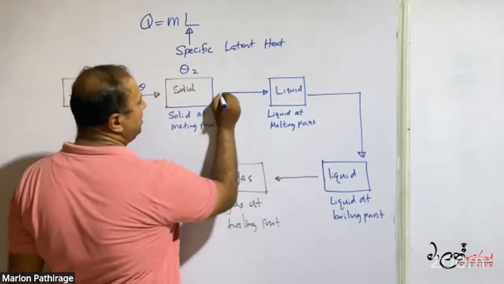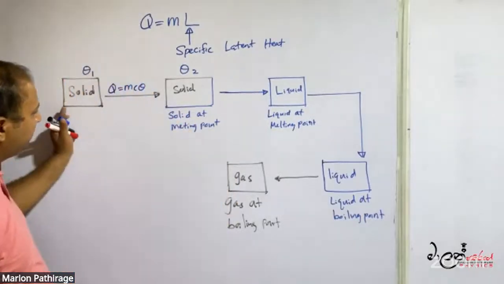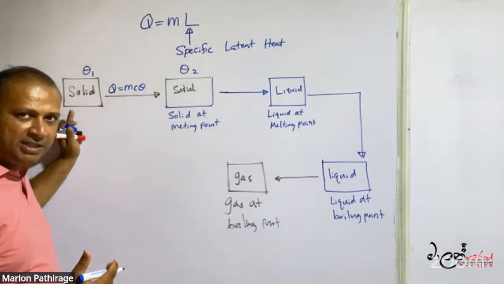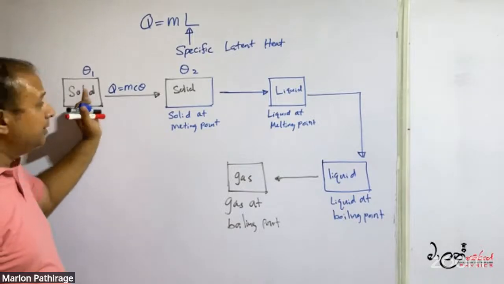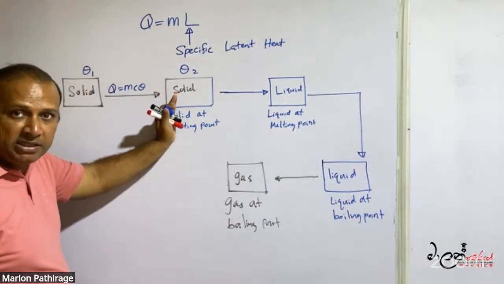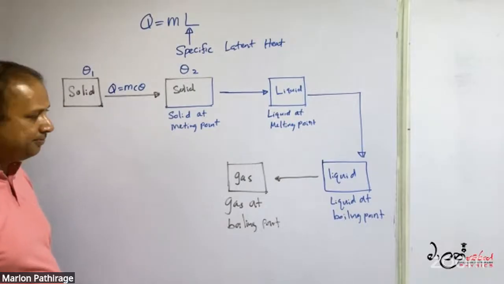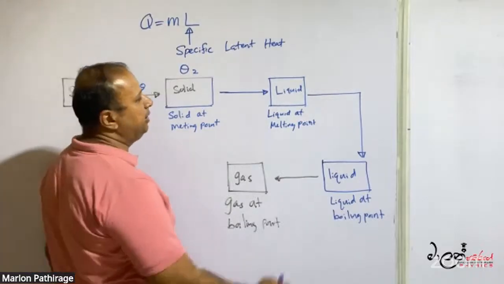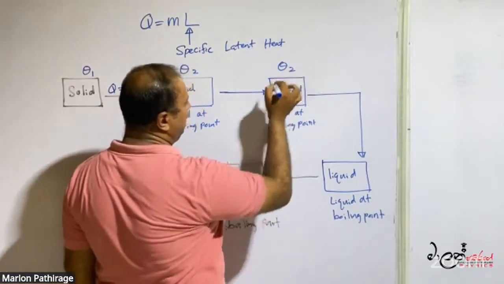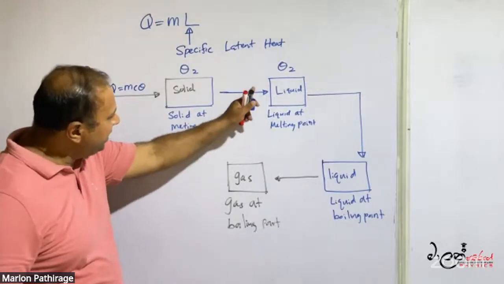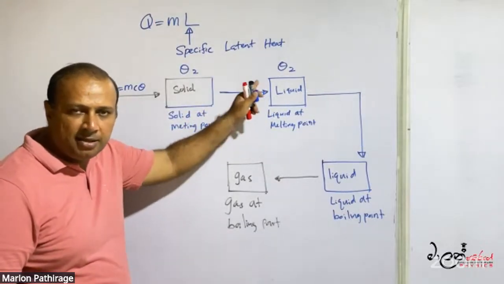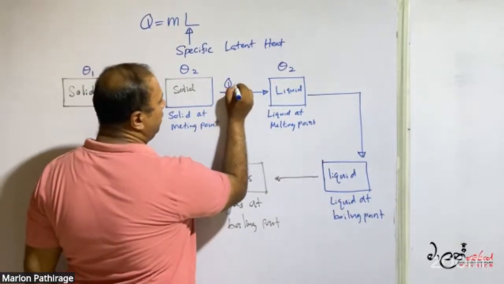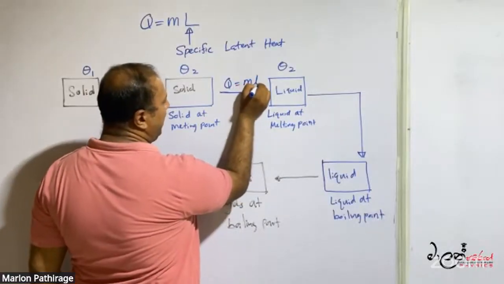But during this phase change, the solid state at a certain temperature is converted to the same solid state but at melting point. Now it converts into liquid at melting point. Therefore, temperature is equal, so the heat energy associated with this conversion can be measured using the Q equals m L equation.